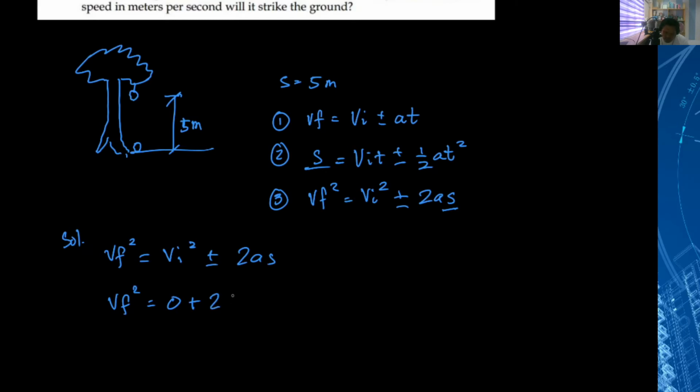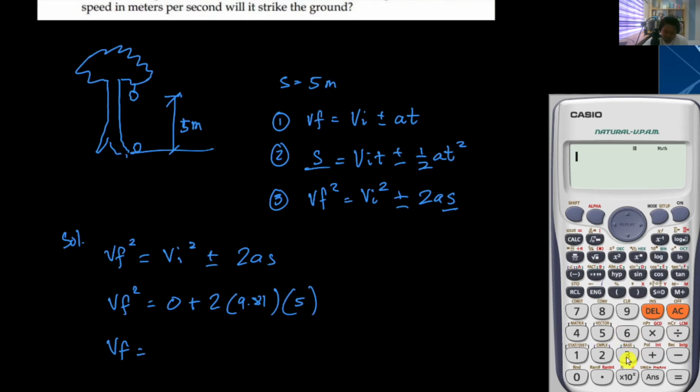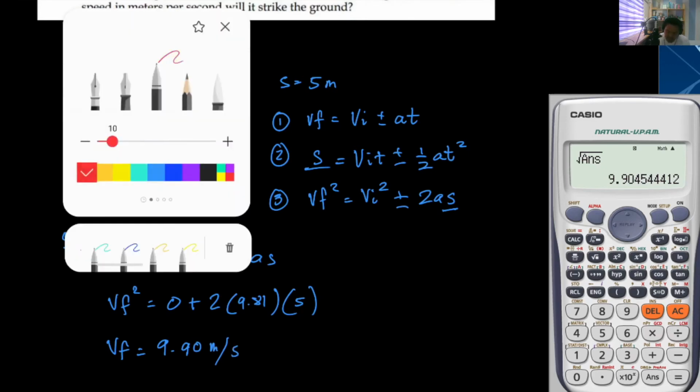That is our gravitational acceleration, 9.81 meters per second squared, times the distance, which is given, 5. Therefore, we can solve Vf, the velocity final, equals the square root of 2 times 9.81 times 5. So, that is 9.90 meters per second. So, this is the final answer.